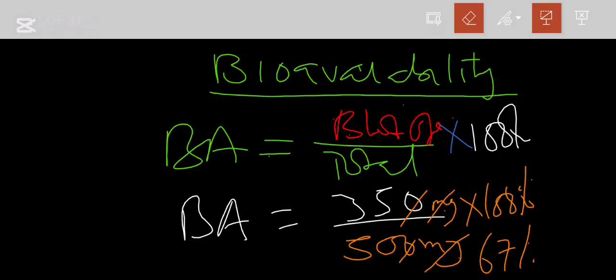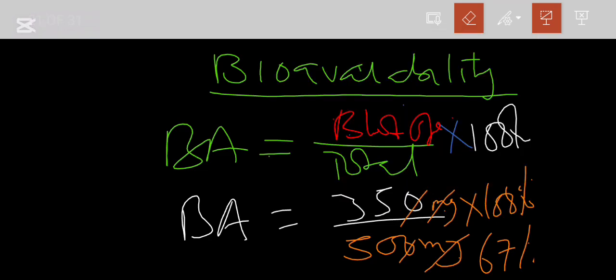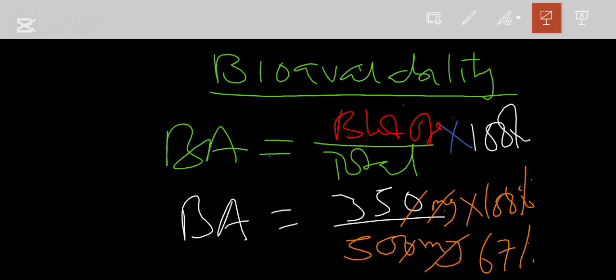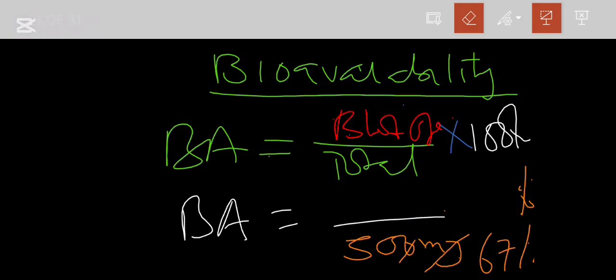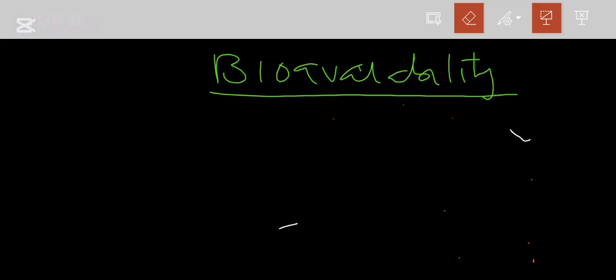But you yourself have a better answer to say, if this drug cannot have 100% bioavailability, what kind of route of drug administration can give you 100% bioavailability? IV medication, intravenous. You are giving directly into the bloodstream and they are going to reach there.